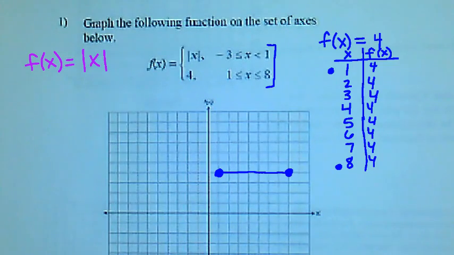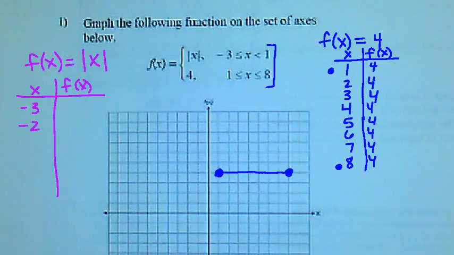So this one, I'm starting at -3, and I'm going to go all the way up to 1. Now again, it's being very specific. So at the coordinate 1, I'm going to have an open circle because it's less than, and then here I'm going to have a closed circle.